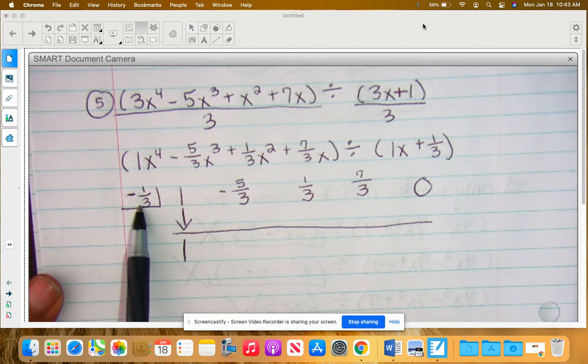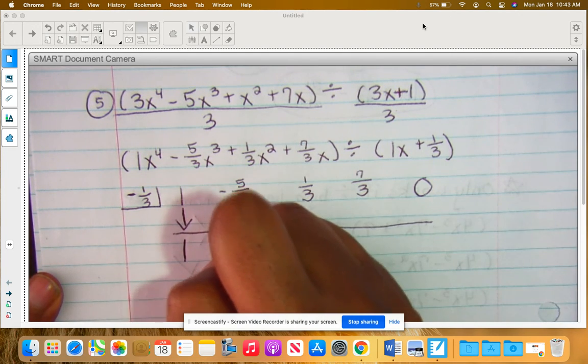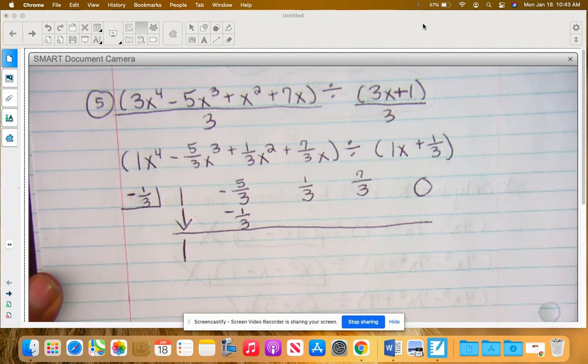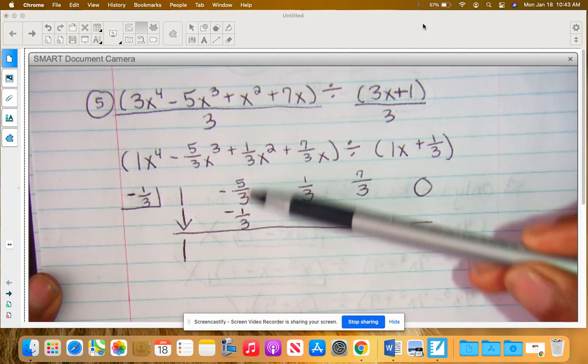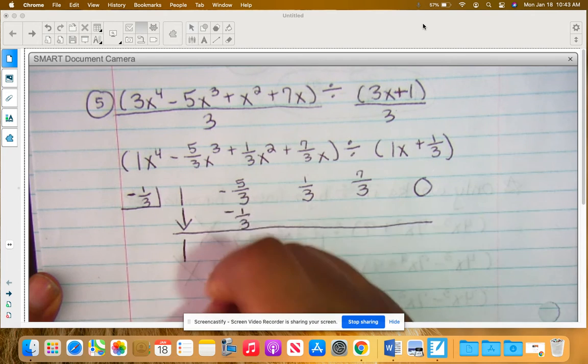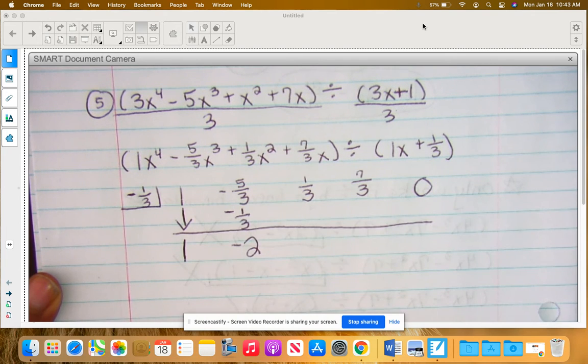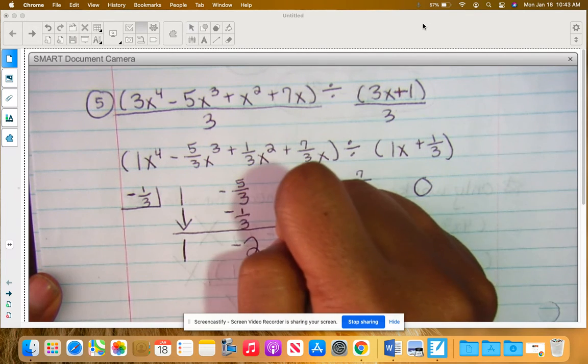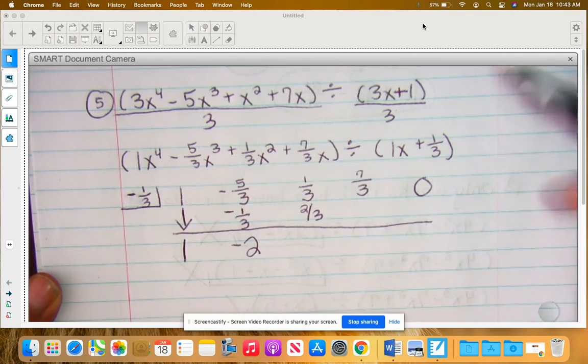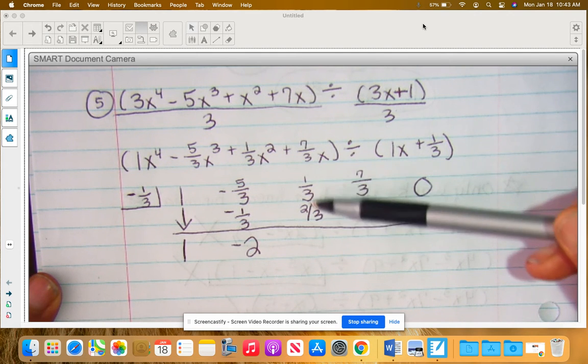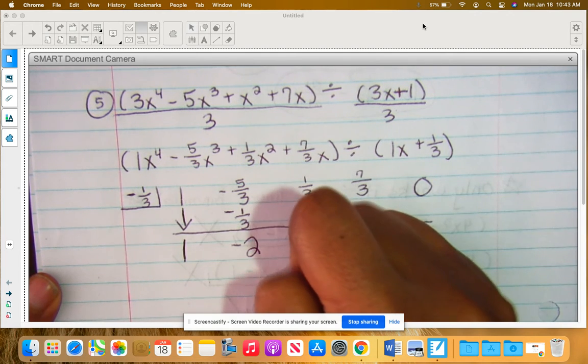1 times negative 1/3 is negative 1/3. Add these two together, either mental math or in your calculator, it gives you negative 2. Repeat the process. Negative 2 times negative 1/3, I got 2/3. Add these two together, 1/3 plus 2/3 is 1.